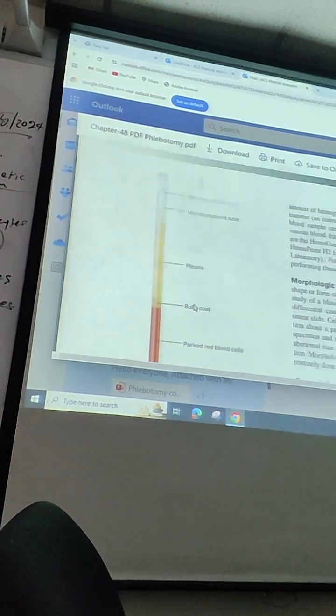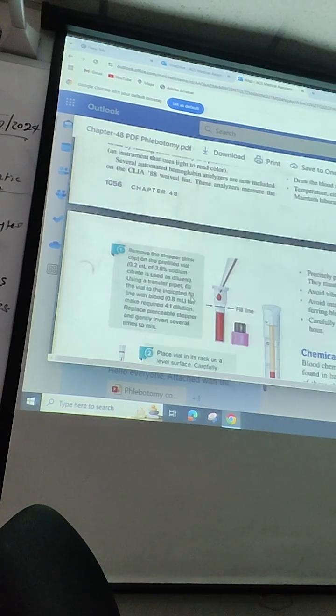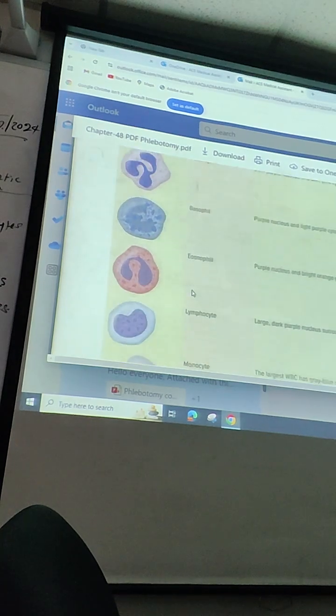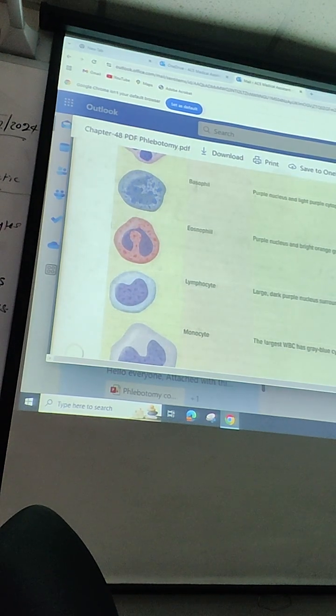Let's see. Wait, can you scroll up a little so I can take a picture of the chart of the cells? Yeah. There. Okay, wait, let me, right there, include all of them. 1, 2, 3, 4. Let me read this.